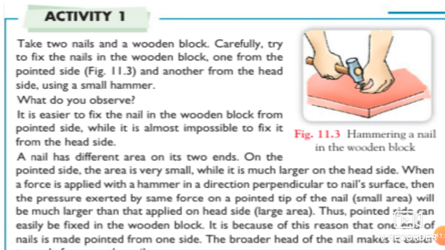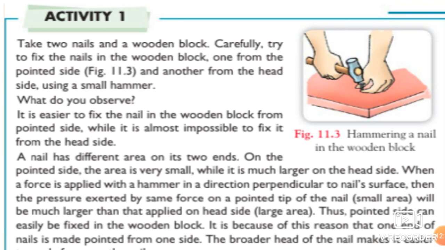But whenever you try to fix the nail from the head side, you really require more force, and even after applying more force, the nail can't go easily into the wooden block. So why is this so? It is easier to fix the nail from the pointed side, while it is almost impossible from the head side.